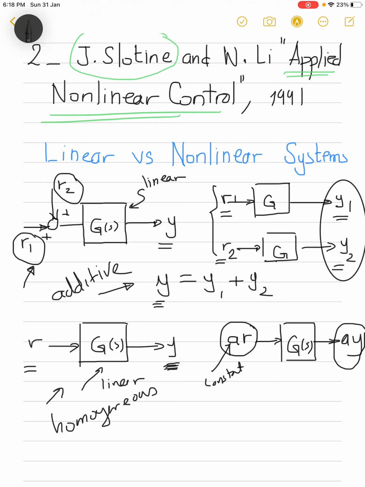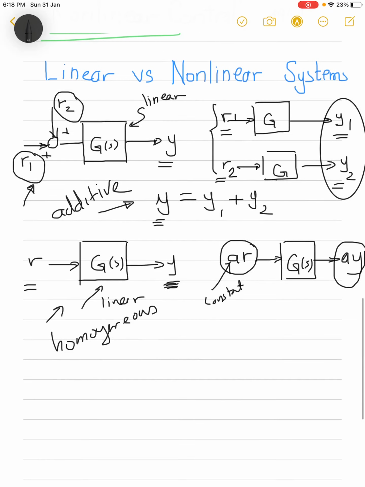Now if a system satisfies both the property of being additive and homogeneous, we say that the superposition principle is fulfilled and the system is linear. So if I say a system is linear, it means directly that the superposition property is fulfilled.